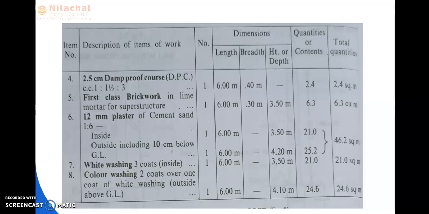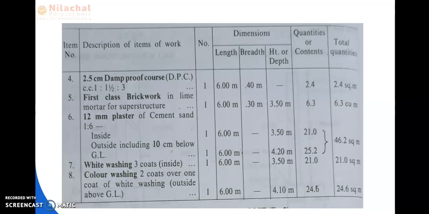First of all, in the case of outside we consider from 10 centimeter below the ground level. Going through the calculation part, the length is the same 6 meter and the number of sides is 1 for outside also. Then breadth is not needed because it is a vertical structure.